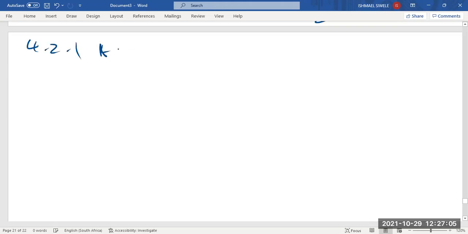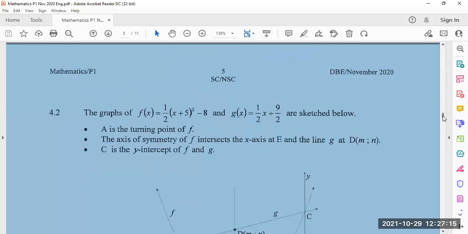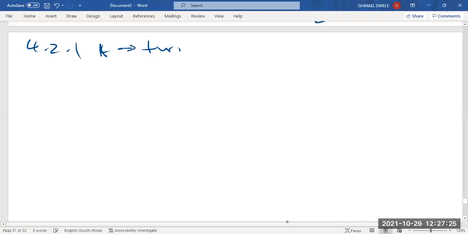So what is A in the first place? Let's see. They told us something about A. They are saying A is the turning point of f. So we know A to be a turning point, right? And if you look at f, it was given in completed square form, right?